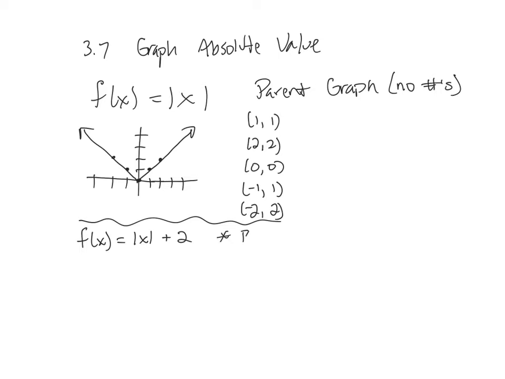We need to pick 3 numbers: 1 positive, 1 negative, and then I always think that 0 is an easy option, especially with absolute value graphs.